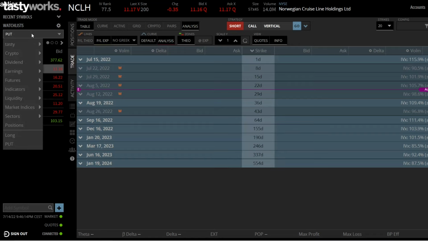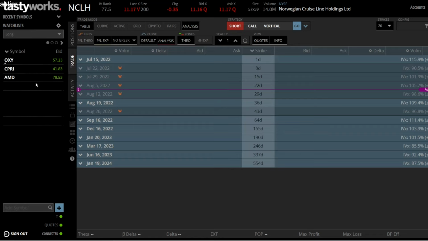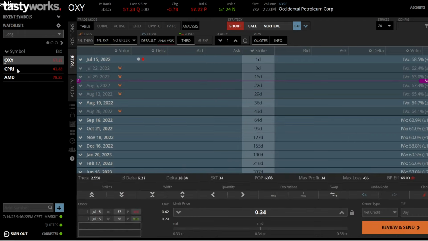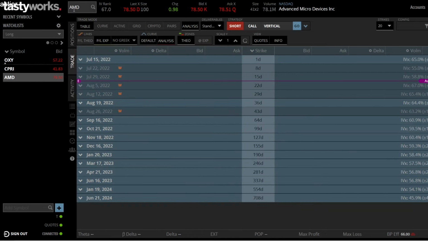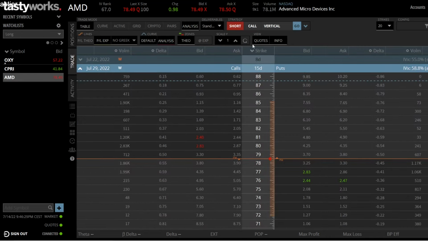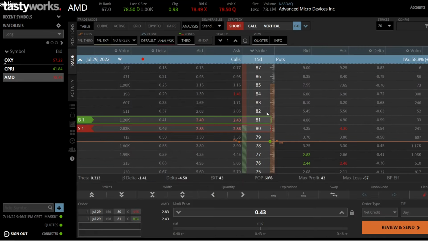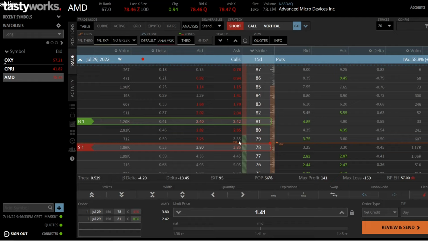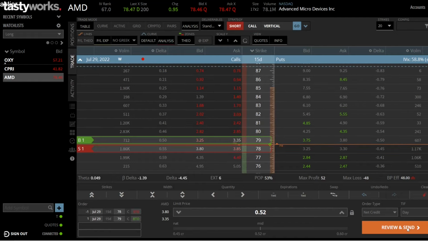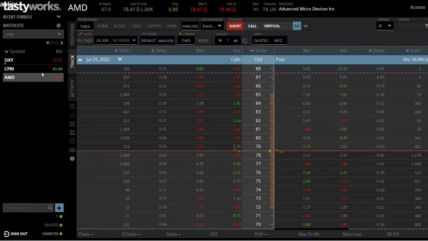As soon as I see any indication of either going up or going down, I click on the symbol, and it changes immediately down here. I choose the expiration date, put it where I want it, then review and send, and execute the trade. Now I don't want to do that, but I just wanted to show you how it is done.